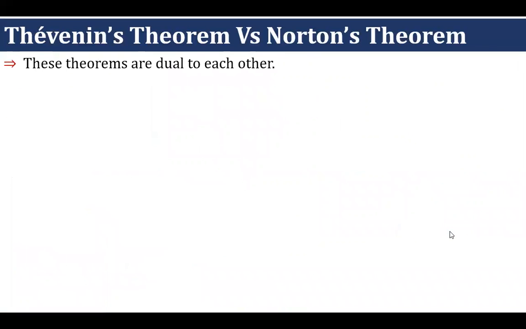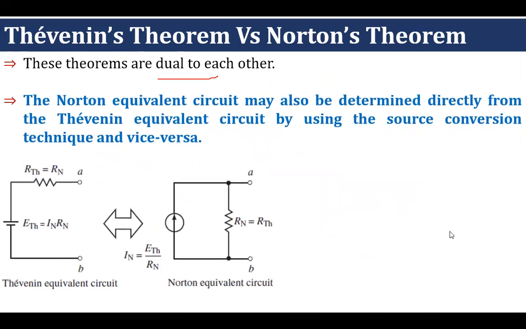So what is the correlation between the Thevenin theorem and the Norton theorem? Actually both are dual to each other. What is the meaning of dual to each other? If I know the Thevenin equivalent circuit, I can easily convert that into Norton, because the value of resistance will remain the same.